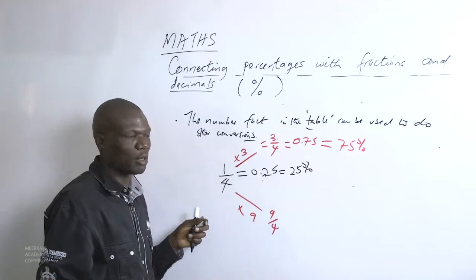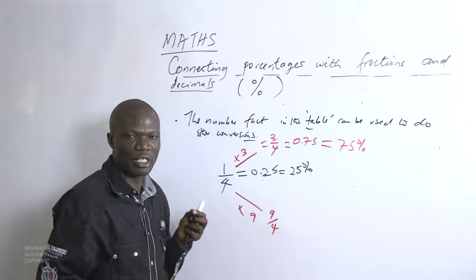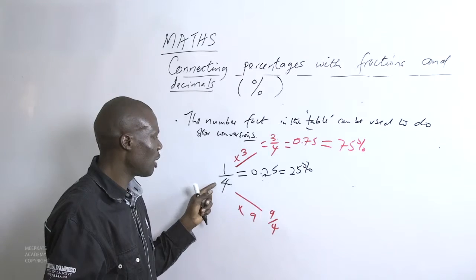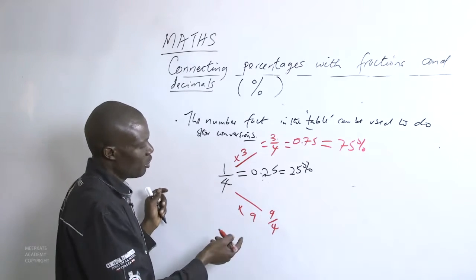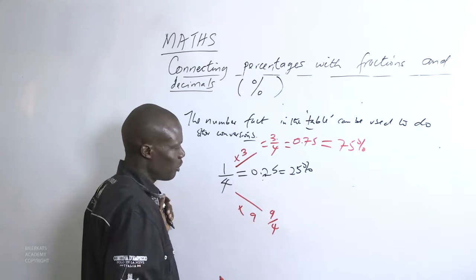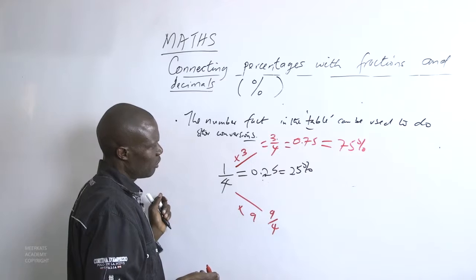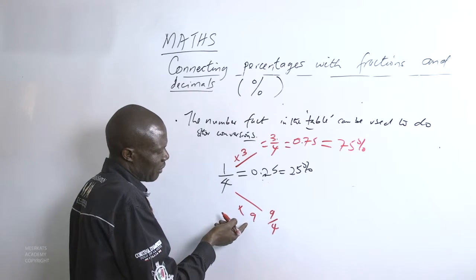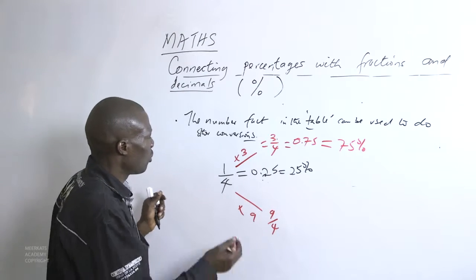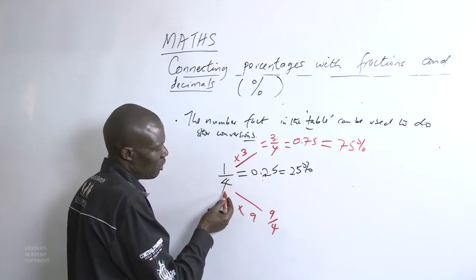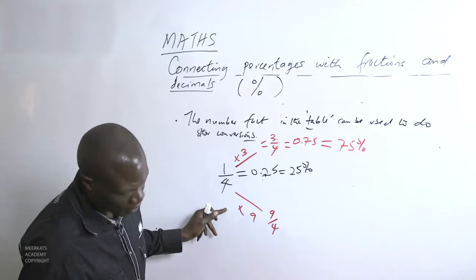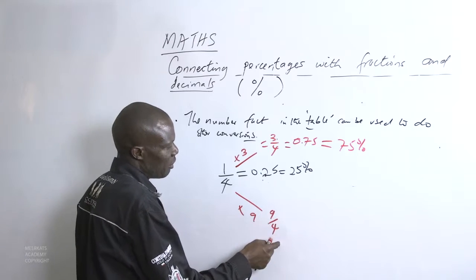Note that we have arrived at 75% right from the first representation of a quarter. For this other side, we want to find out what percentage is 9 over 4. Then 1 over 4 times 9 is 9 over 4.